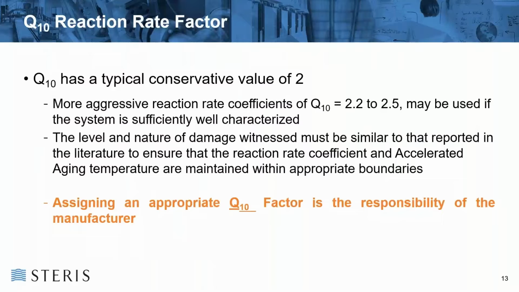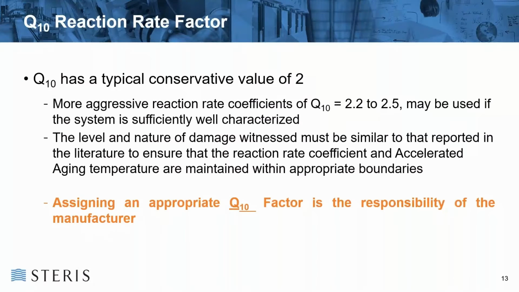The Q10 value, or the reaction rate factor, as I said, is normally set to 2, but you can use more aggressive ones as well, from 2 to 2.5 as per the standard. But you must have a very well characterized product and packaging.